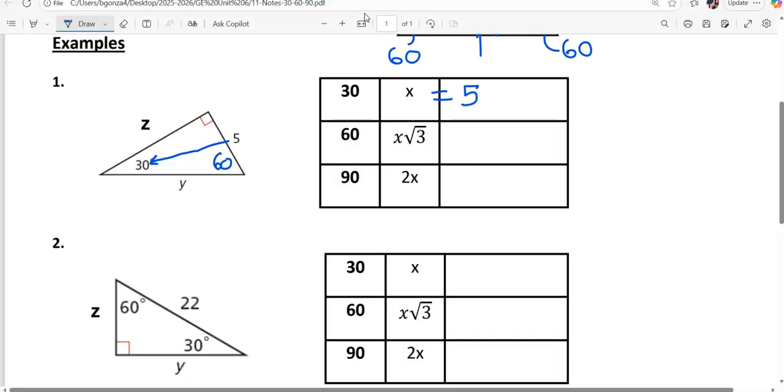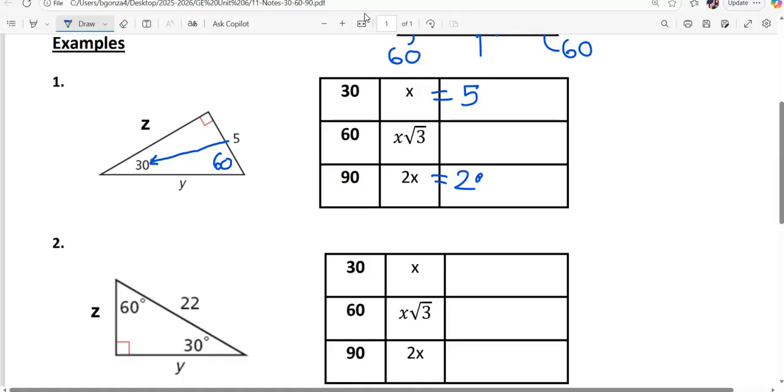Like on the next one, 22 is across from 90, you're going to put it down here. Okay, so if x is 5, let's skip down to the 90 row. That's 2 times x. Well, what is x? 5. So 2 times x means 2 times 5. And what is 2 times 5?